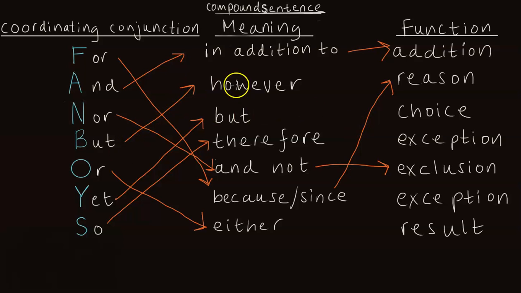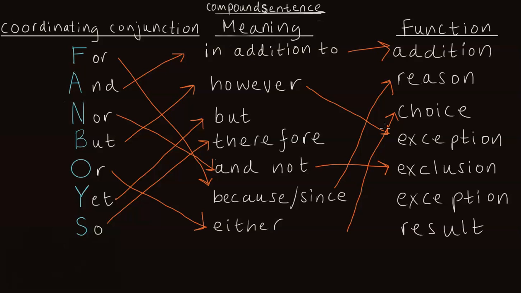But, the meaning for but was however. So the function means it's exception. Yes, but gives an exception. Or, the meaning of or was either, and either creates choice. It creates a choice.